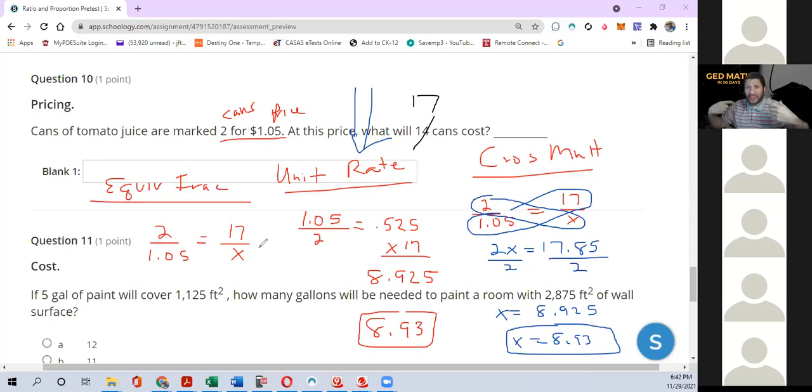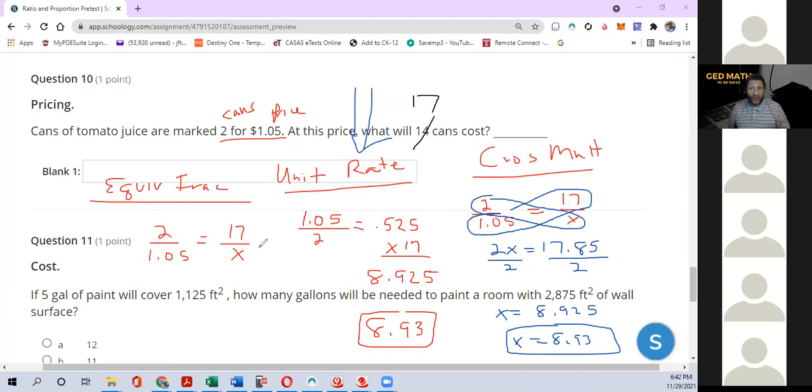For most intents and purposes on the GED, equivalent fractions are going to get you your answer. They will have a specific one for unit rate. Unit rate is always on your exam. Always. Not some of the time, it's always. You will have a unit rate question.